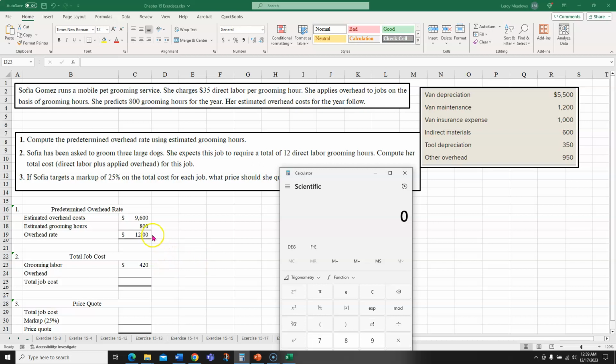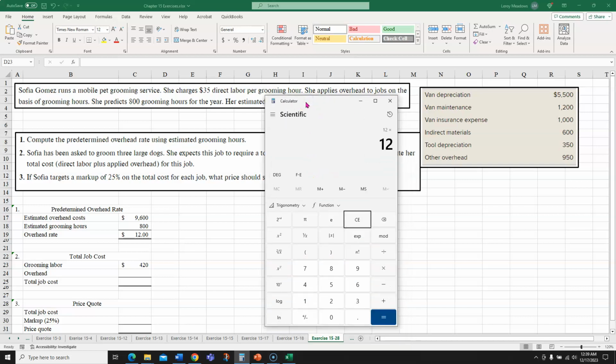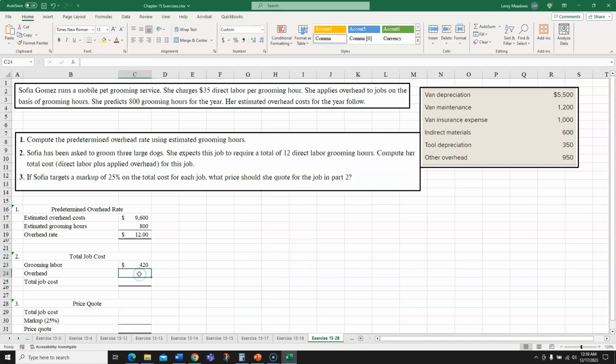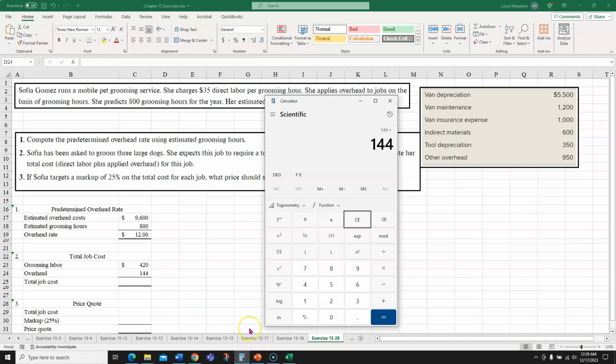So I'm doing what? $12 per hour of overhead incurred times the number of direct labor hours we expect to incur, 12 hours, gives me overhead applied of $144. So when I combine my grooming labor and my overhead costs, $144 plus 420, I'm going to get a total job cost of $564.